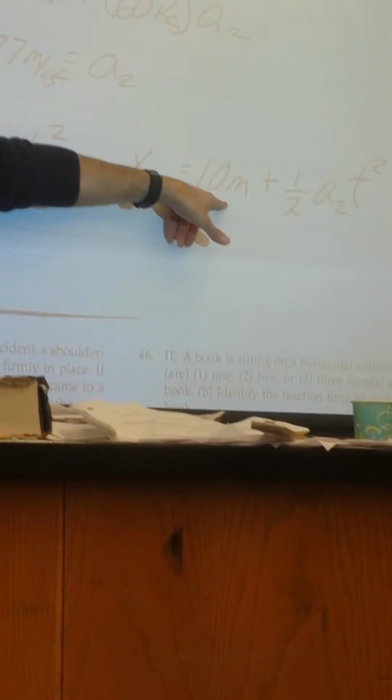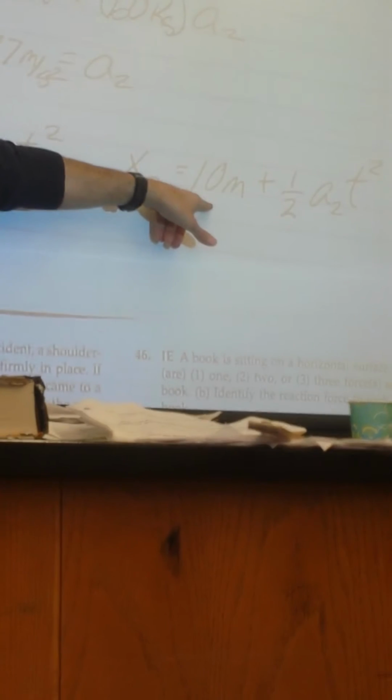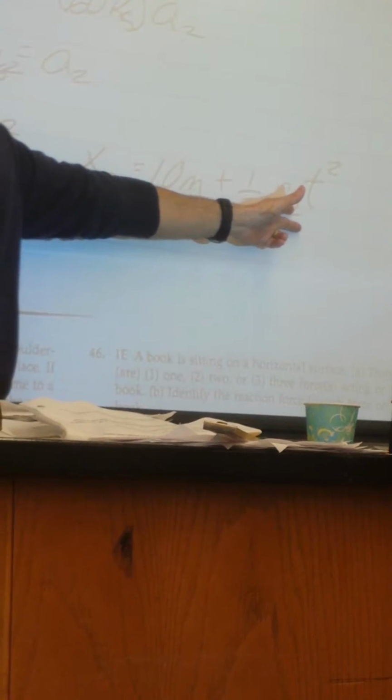He started out 10 meters away, and he's going to be accelerating toward her. When I substitute this in here, it'll be a negative acceleration. So if I solve this simultaneously, I'm going to find out where they are. Tip for you guys using your graphing calculators: this is your y1 and your y2 on your graph.